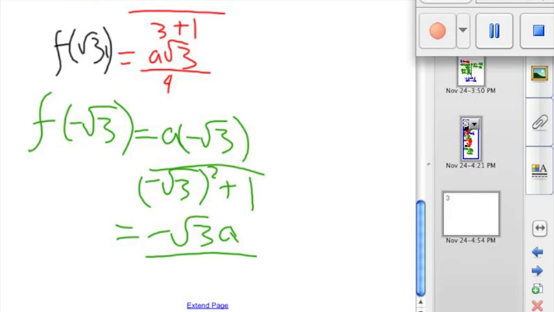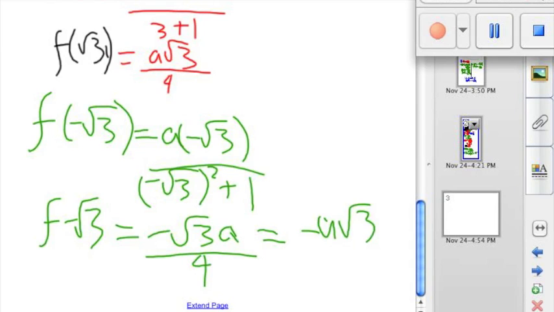It's 3. So 3 plus 1, the denominator will stay the same as when we were solving for f of root 3, that's going to be 4. So our second y value, f of negative root 3, equals negative a root 3 over 4.